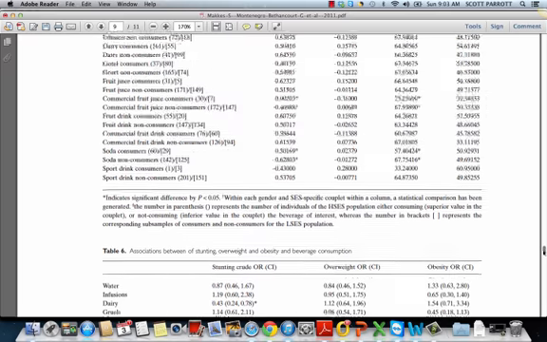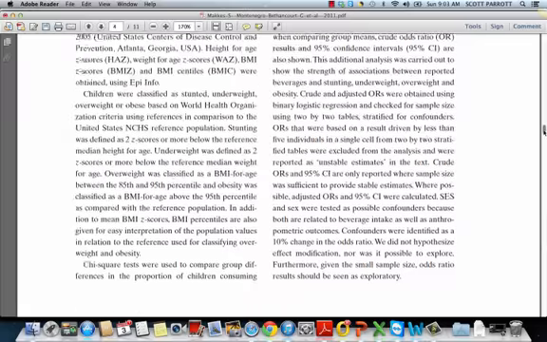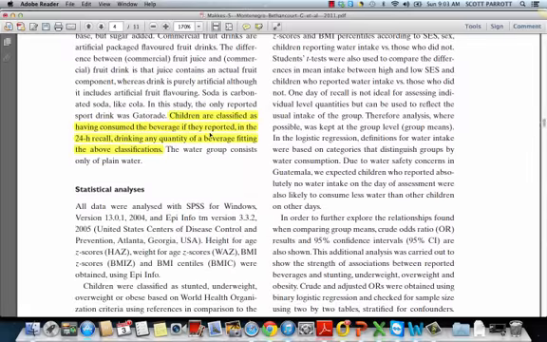Well, if we jump back to the methods section, what we find is that children are classified as having consumed the beverage if they reported 24-hour drinking any of these. So basically, they drank it or they didn't. So in our independent variable, there are two groups. There's consumed juice, didn't consume juice.